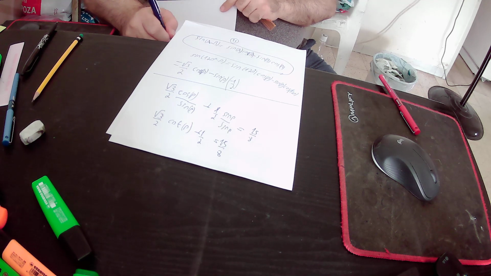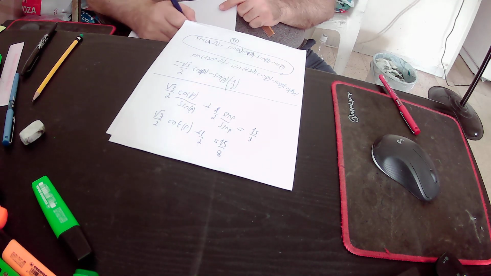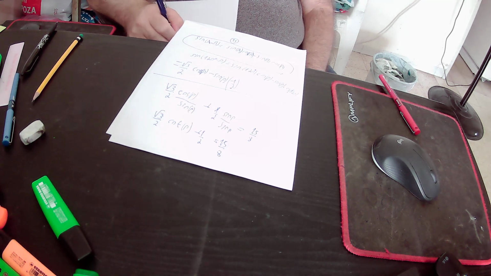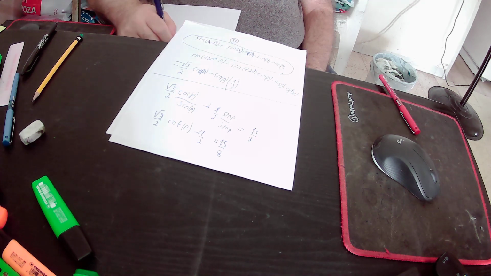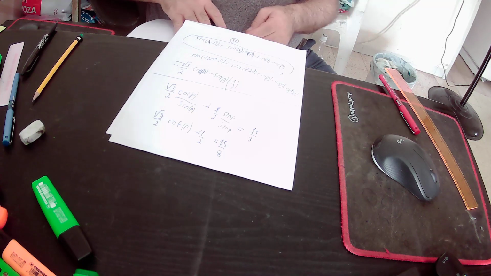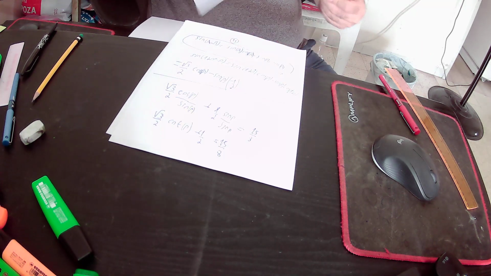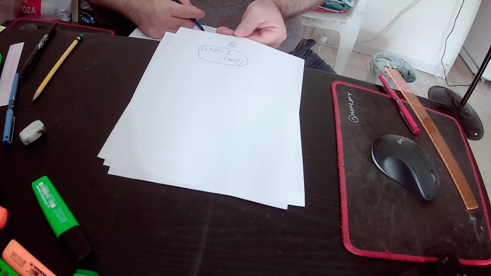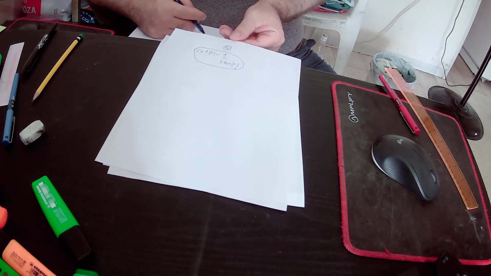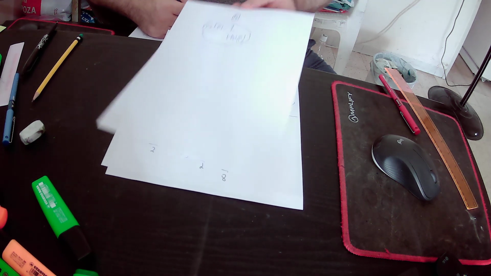Here cotangent p equals 1 over tangent p, so we will substitute cotangent p by 1 over tangent p.